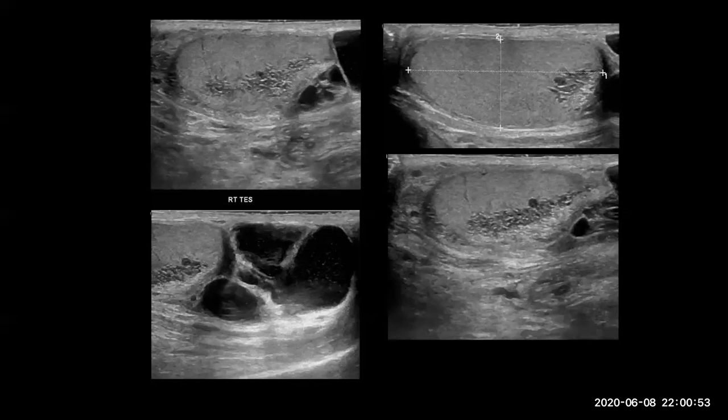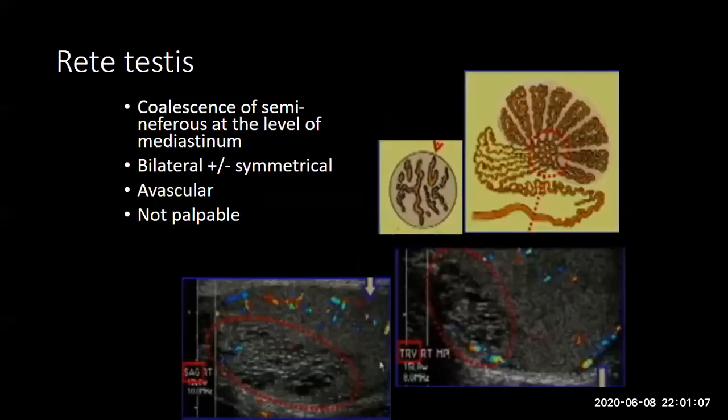Okay. These are coalescence of seminiferous tubules at the level of the mediastinum of the testis. It can be bilateral, and can also be symmetrical or asymmetrical. As you said, it is avascular and it is not palpable by the treating physician.